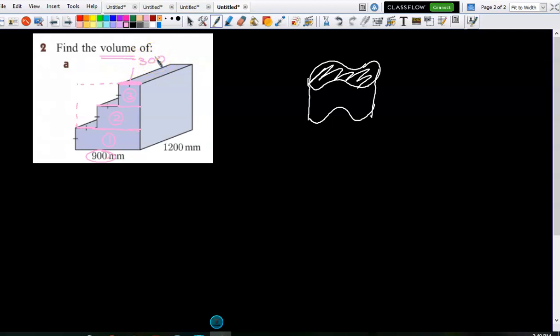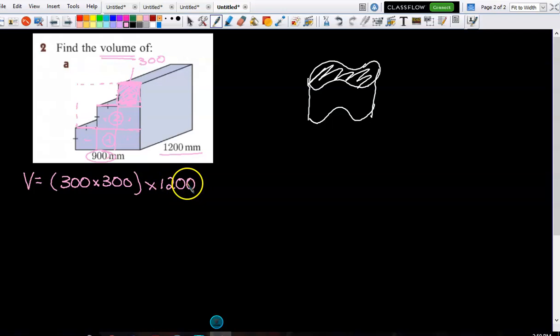So I think I'm just going to go one of these and I'm going to times it by 1, 2, 3, 4, 5, 6. That's just easier. So it'll be 300 times 300, which gives you the area of that. Get the volume by timesing it by the depth, and because there's 6 of them, times it by 6.